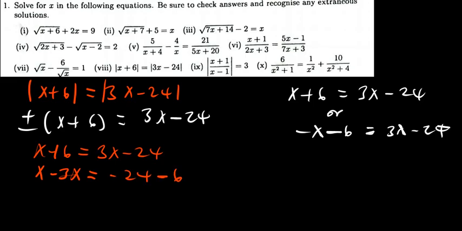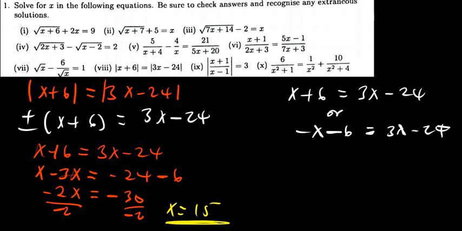This is going to give me negative 2x is equal to, that should be negative 30. If I divide both sides by negative 2, x will be equal to 15.